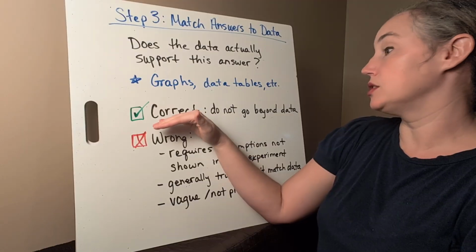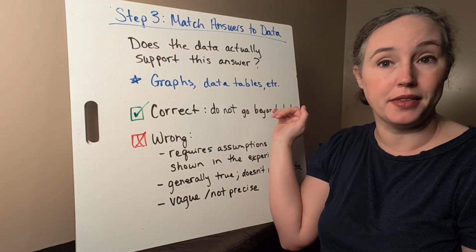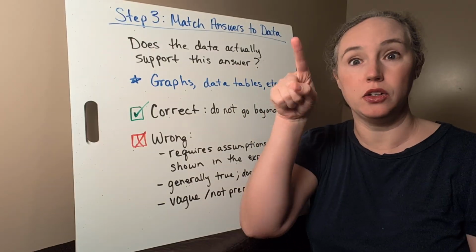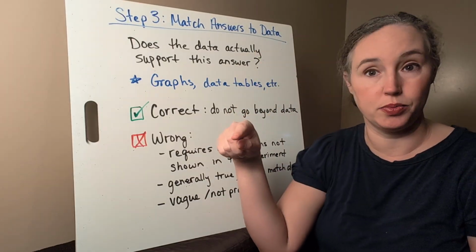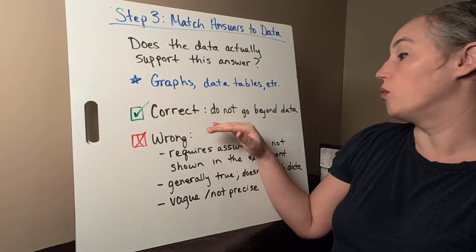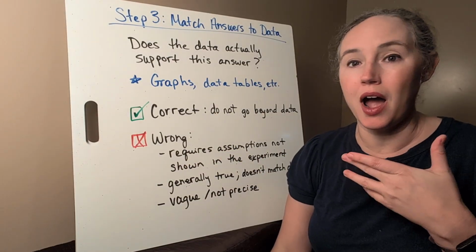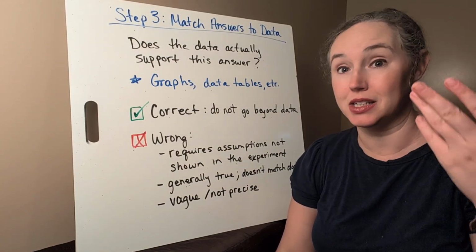The correct answers won't go beyond the data. The data will give you the answer. It will be there. You can see it. You can point to it in the data table or explain it on the graph. Wrong answers often require assumptions that are not explicitly given in the experiment.